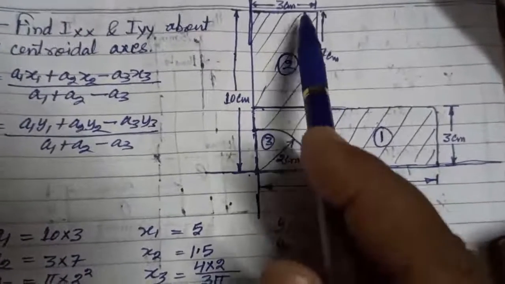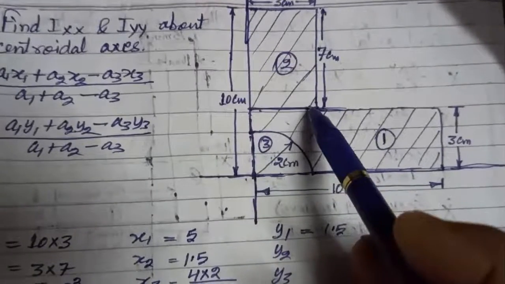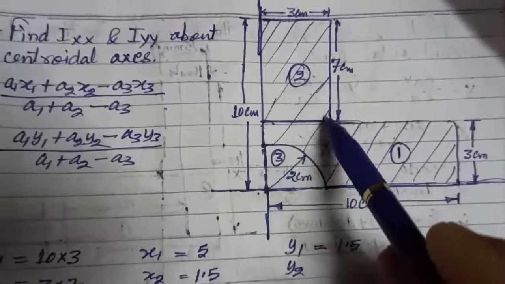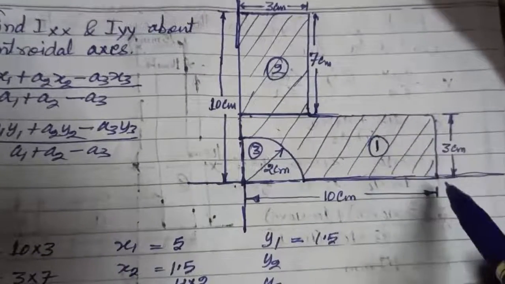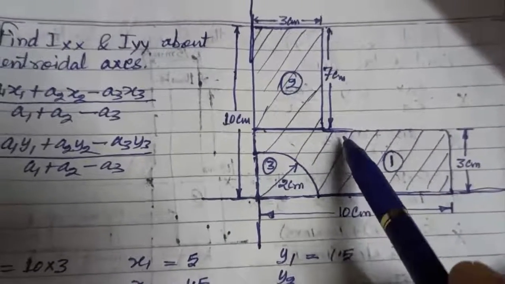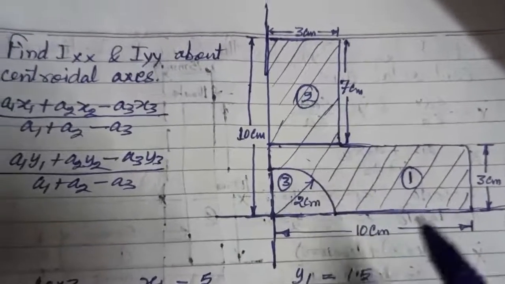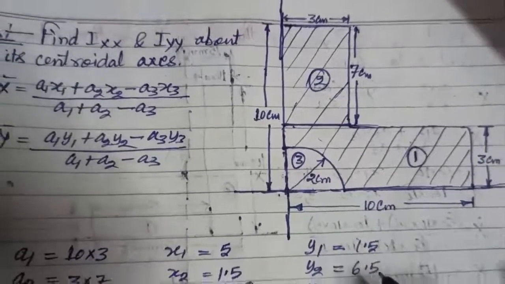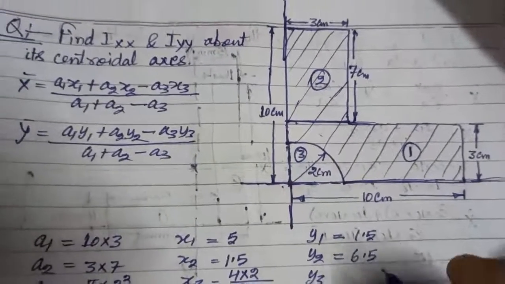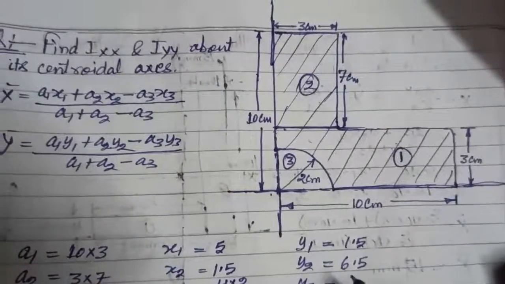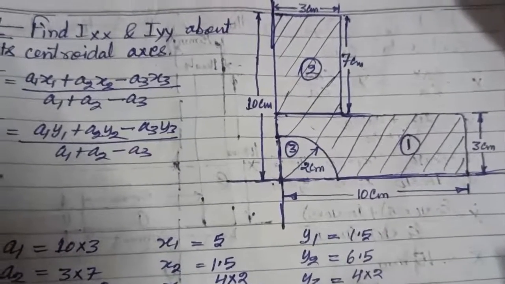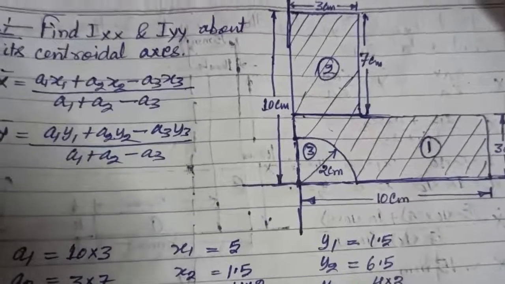And Y2 is from here, it is 7 by 2, so 3.5 from here plus 3, so it is equal to 6.5. Y2 is 6.5 and Y3 is also 4r by 3 pi.